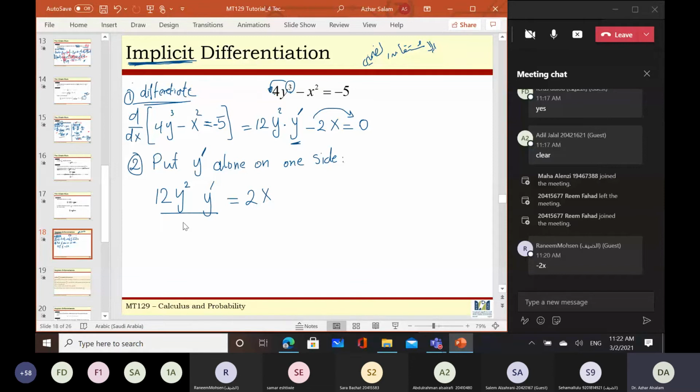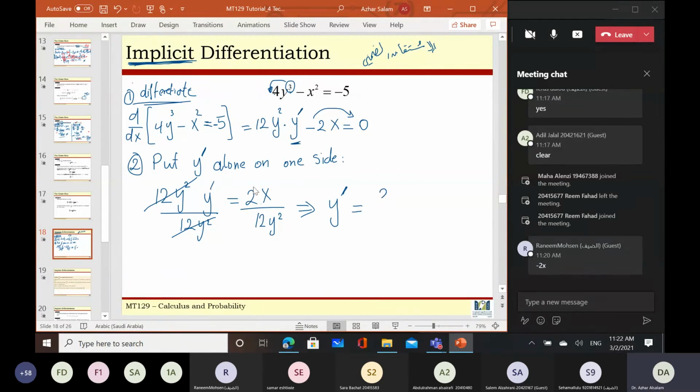Here I will divide both sides by 12y square. Of course, this will cancel, and I will find y dash alone on one side equals 2x over 12y square.